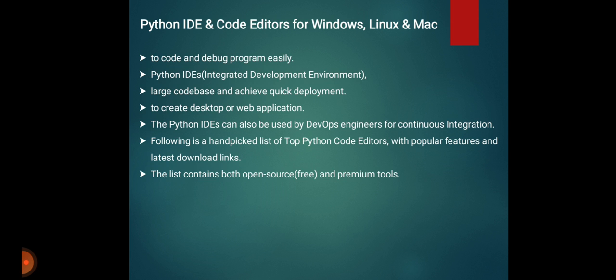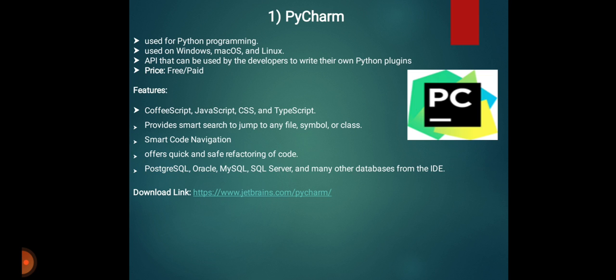First of all, that is PyCharm. PyCharm has a free or paid version. The logo of PyCharm is shown in the figure, that is PC. PyCharm is a cross-platform IDE used for the Python programming language. It is one of the best Python IDE editors that can be used on Windows, Mac and Linux.